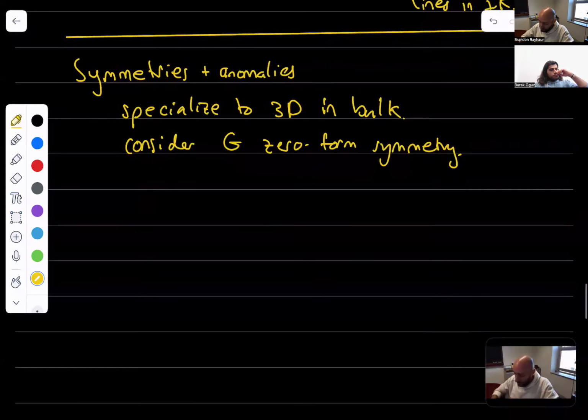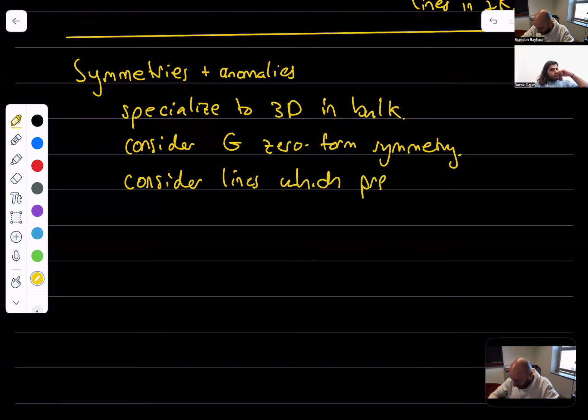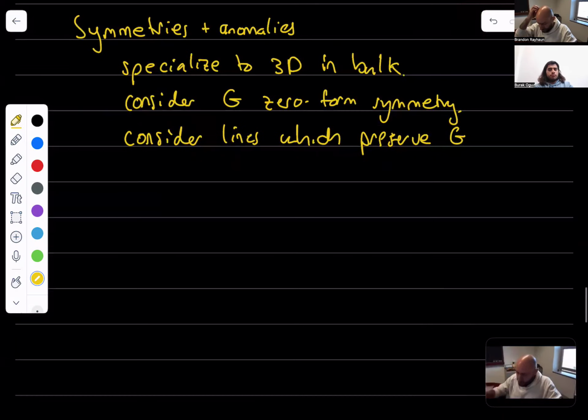And I want to consider line defects which respect this symmetry in some sense. Preserve G. So what does this mean?